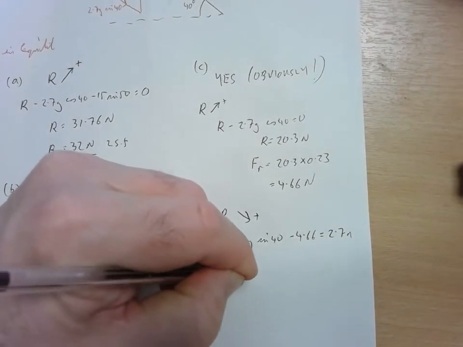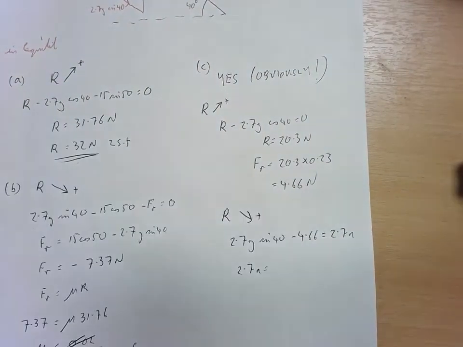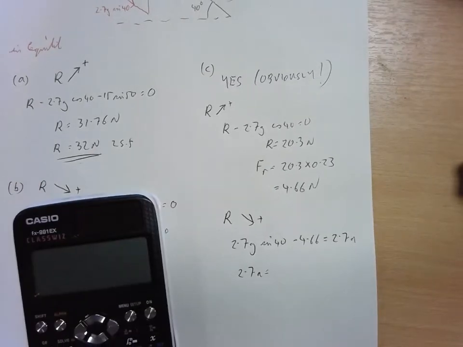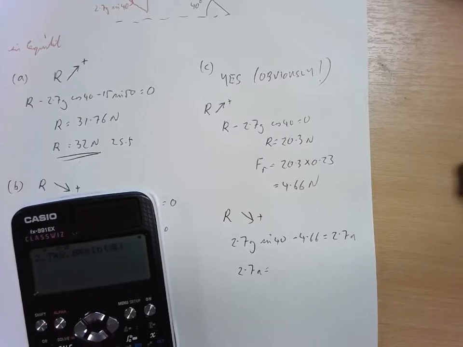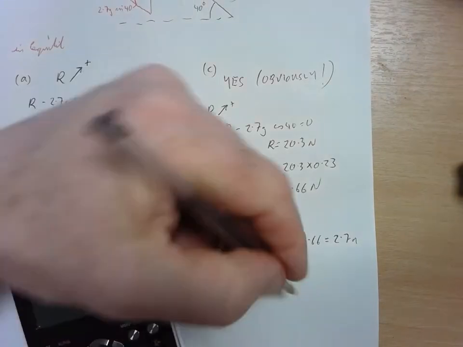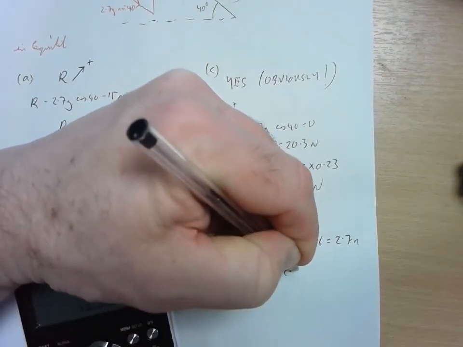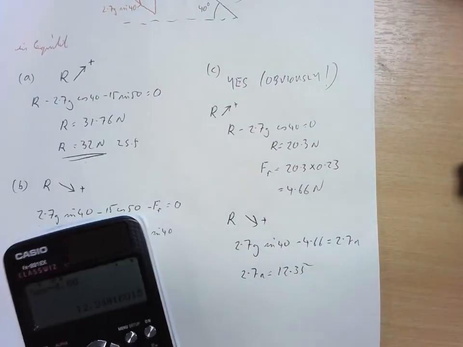So 2.7 A equals, I haven't worked this out, so in degrees, 2.7 times 9.8 times sine 40 minus 4.66, which is 12.35.